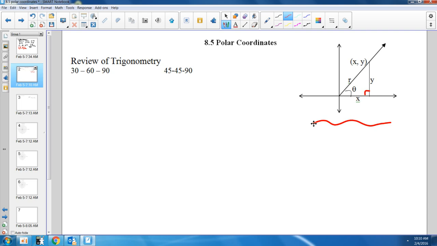This r theta that we've had in the past is the same r theta that we're talking about with polar coordinates. Except r now has a name, which is directed distance from the pole, and that's going to be called the pole instead of the origin, because it's a polar graph.